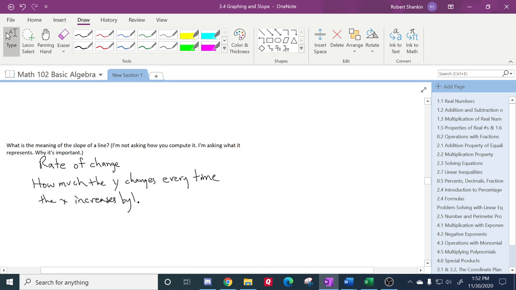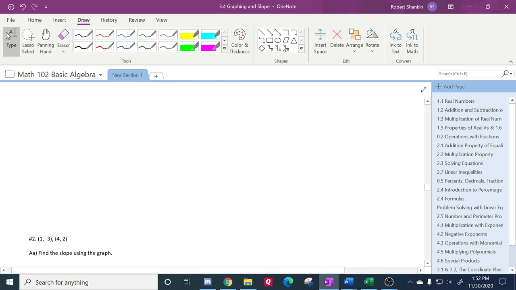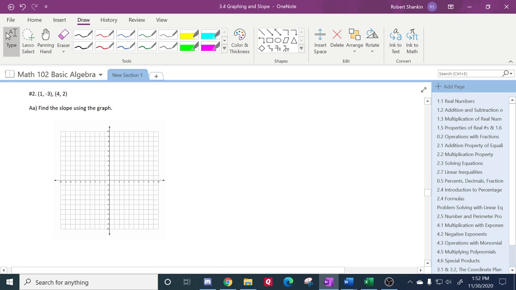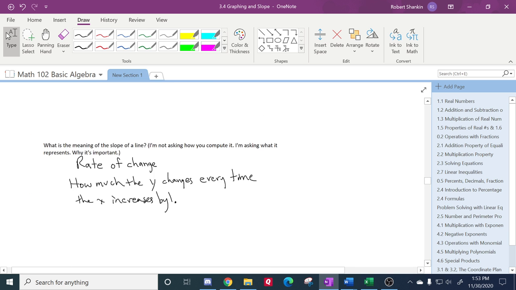Okay. Now, two points are given. Find the slope using the graph method. So, what I'm going to ask you to do is on your own pencil and paper, plot these 2 points, and then go from the left one to the right one. Go like I did up here.